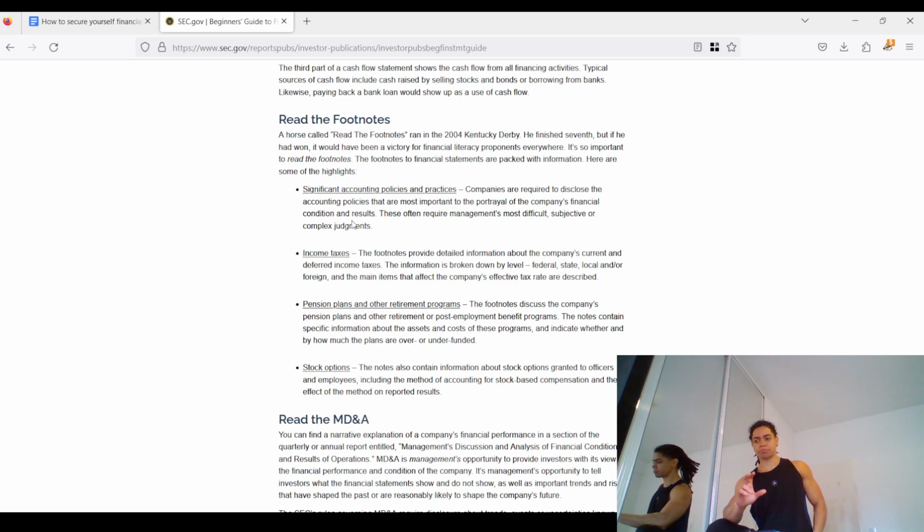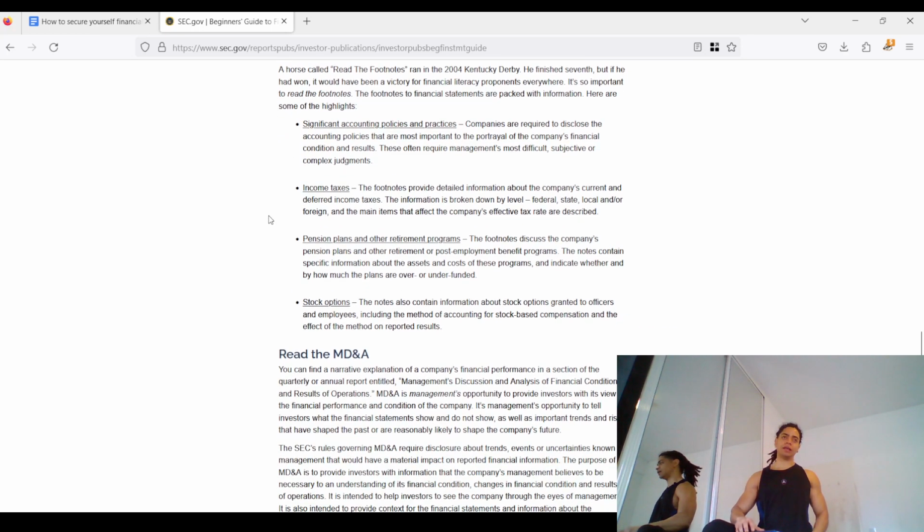Okay, so this is just to mention the footnotes and how important they are, especially for the things I already mentioned: significant accounting policy and practice, income taxes, pension and post-retirement programs, as well as stock options.